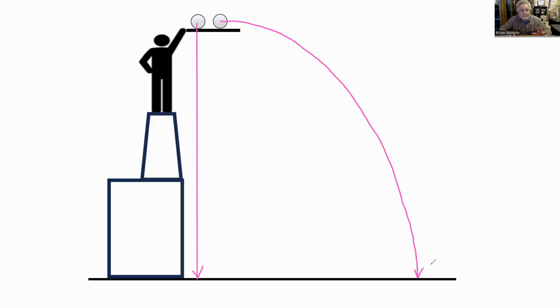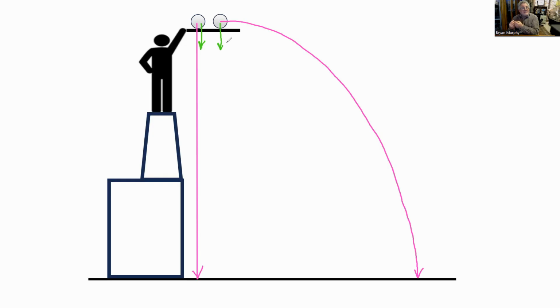Now, weirdly, they both hit the ground at the same time. That is important. The reason is this one on the left is going vertically and accelerates vertically. This one on the right also accelerates downwards at the same acceleration.